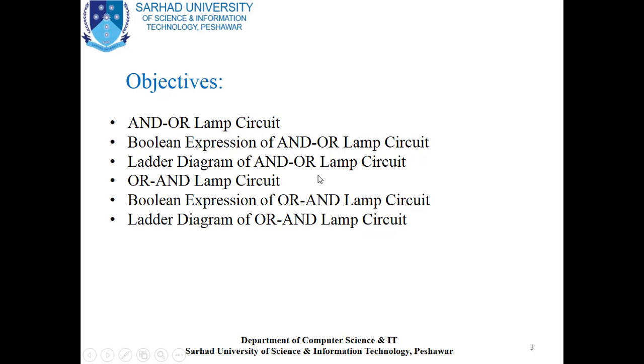The fourth objective is OR lamp circuit. The fifth objective is Boolean expression of OR lamp circuit. And the last objective is ladder diagram of OR lamp circuit. These are the few objectives which we will learn in this lecture.